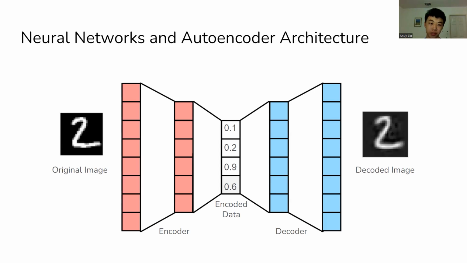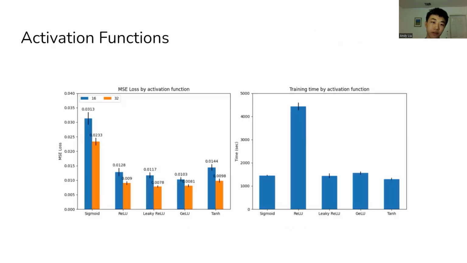For my first experiment, I tested applying different activation functions in the encoder and decoder functions in order to see which had the best reconstruction quality. I tested the sigmoid, tanh, ReLU, leaky ReLU, and JLU functions.